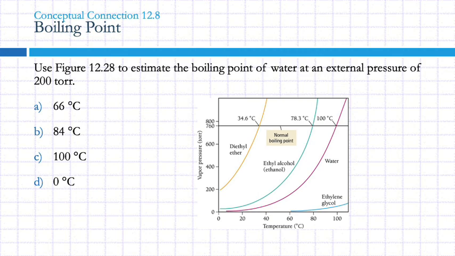So if you're cooking something at a lower temperature, then you may need to cook it longer, right? So the baking or cooking instructions will need to change. The opposite is also true. If you increase the pressure, you can increase the temperature at which water boils.